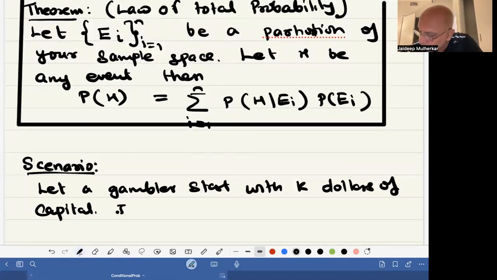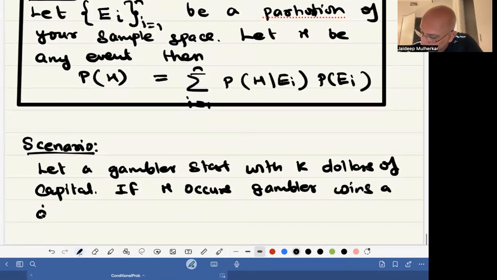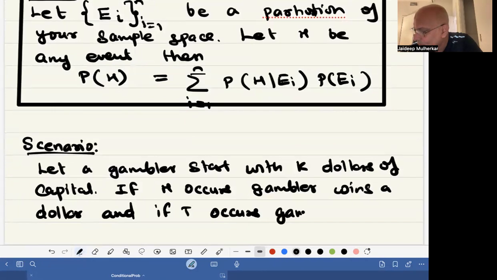If a head occurs, the gambler wins $1. And if tail occurs, the gambler loses $1.